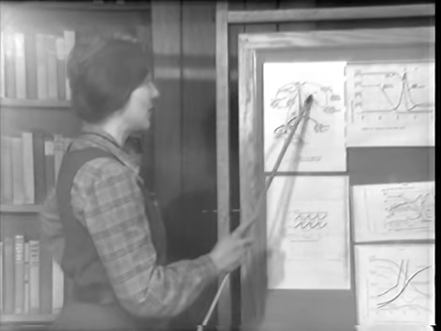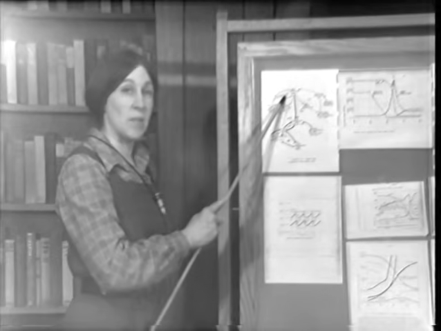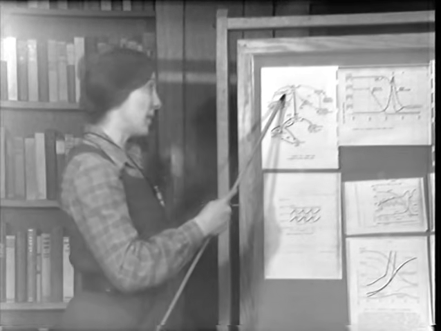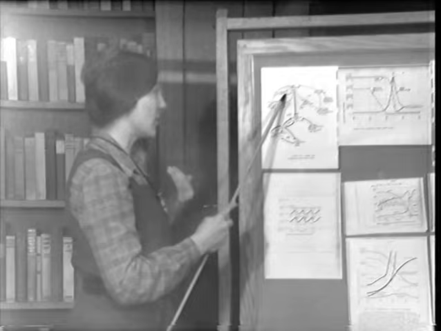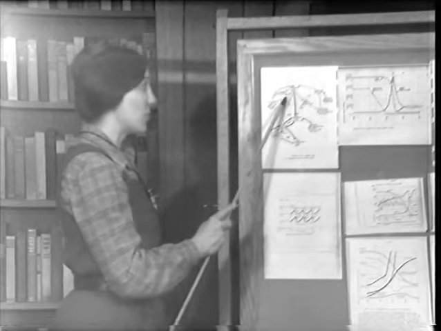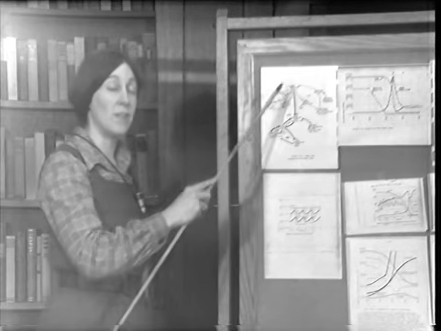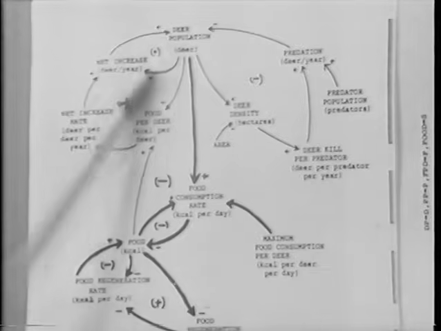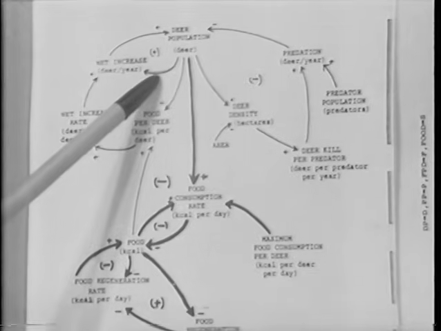And what must happen in that case is that the positive feedback loop becomes more and more dominant. It takes over controlling the dynamic behavior of the system. There's nothing to keep the deer population down. Their net increase rate, their net birth rate, is higher than their natural death rate, and therefore this positive feedback loop starts generating an exponentially growing deer population.